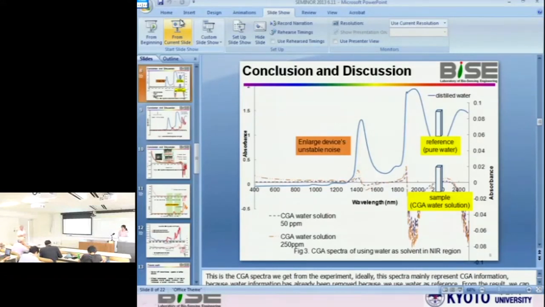Any suggestions? Comments? In your graph with both the water and the acetone, you showed that there are areas where there is minimal noise. Why do you not restrict your analysis to that area alone? Why do you want to get a broad spectrum analysis?